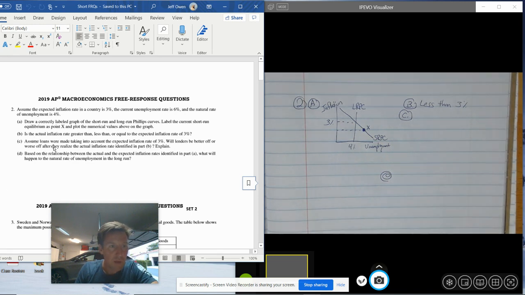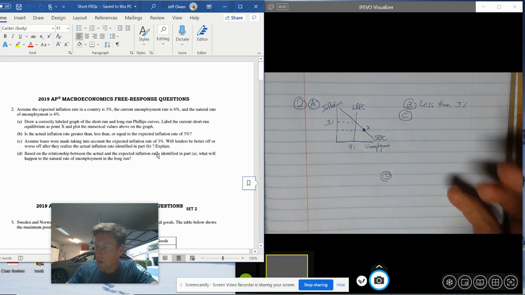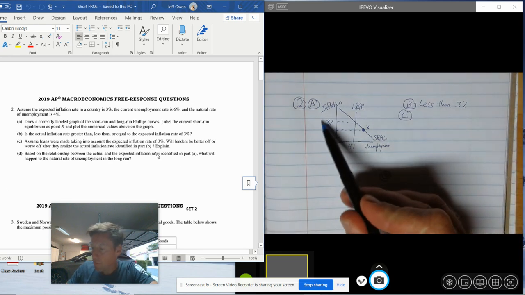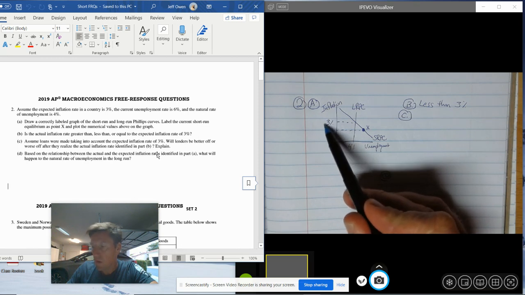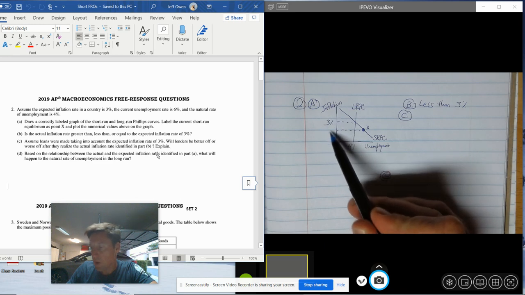C, assume loans were made taking into account the expected inflation rate of 3%. Will lenders be better off or worse off after they realize the actual inflation rate in Part B? So if loans were assuming a 3% inflation rate, then the interest rate that the loans were going to be made at is going to be greater, right? They're going to be up here. But in the end, they could have been down here.